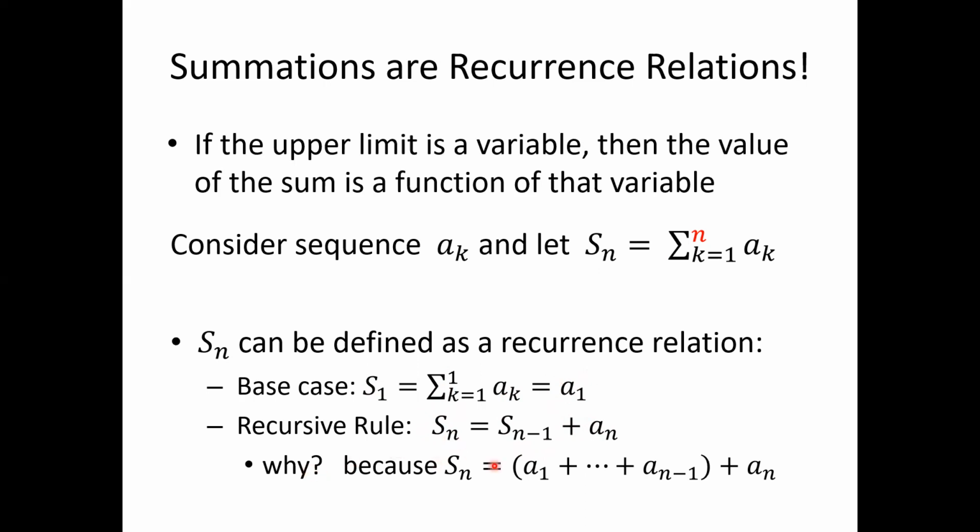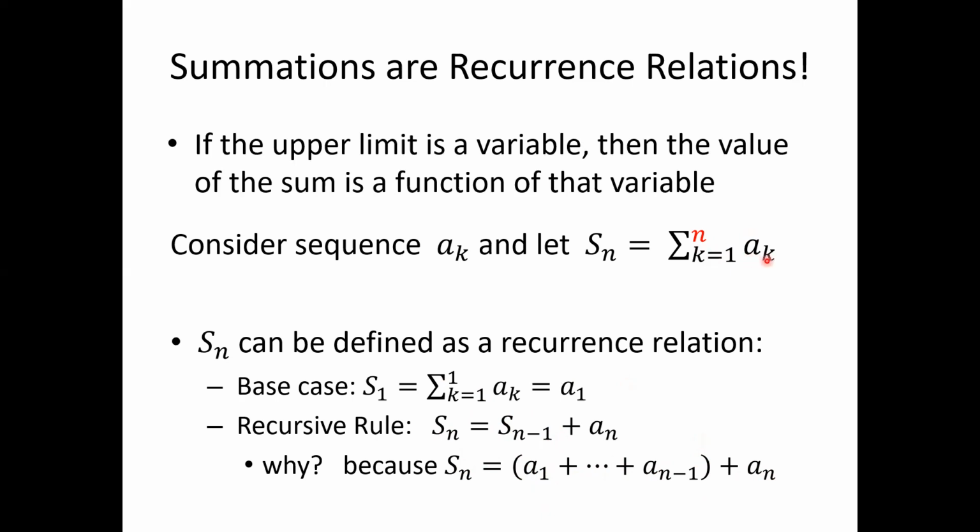Why is that? Okay, what is S_n? It's the sum of all elements of a from first to n. So it's this. But I can group the first n-1 of them. And what is this stuff? It's S_{n-1}. So here is the proof.